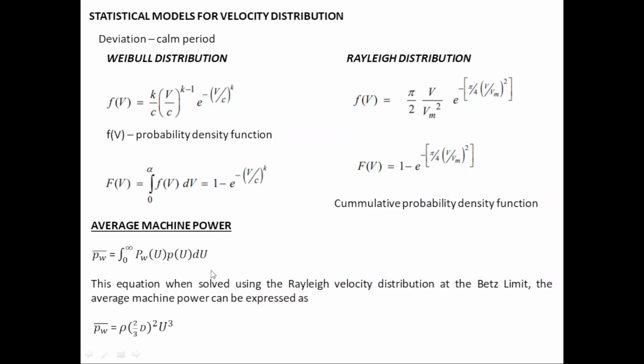Once you know the statistical models, we move towards calculating the average machine power of the turbine. That is expressed as PW bar. Whenever there is an average, we usually represent it with a bar, a line at the top, which represents the average of that particular variable or parameter.